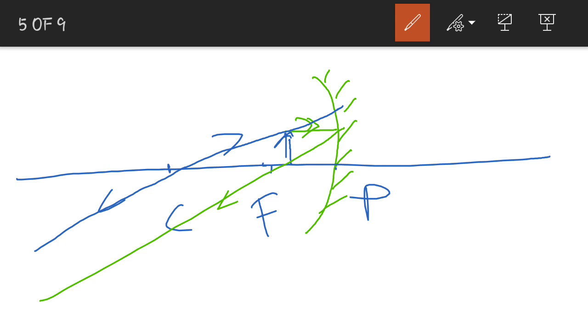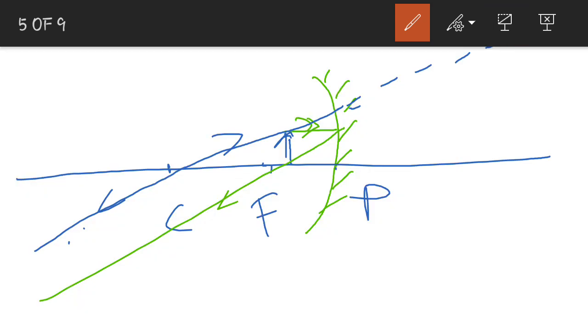Now if we observe this figure, at the bottom side these lines are almost parallel. But when we come to the upside, they are very close to each other. Means if we extend these lines, they are going to meet. So we will extend these lines, and they will meet at this point.